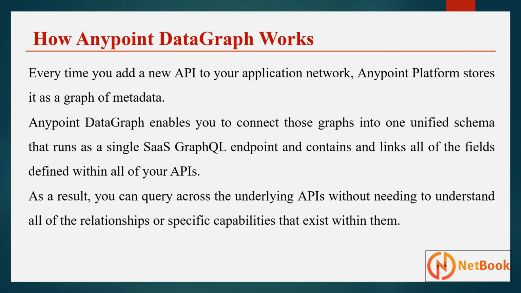Now, using this GraphQL, it is going to query whatever required fields exist within the defined APIs. Now, you don't need to understand the existing capabilities of your APIs and all. Using this data graph, you can query the data, whatever is available within all your APIs. That is simple. It is going to be a single request.